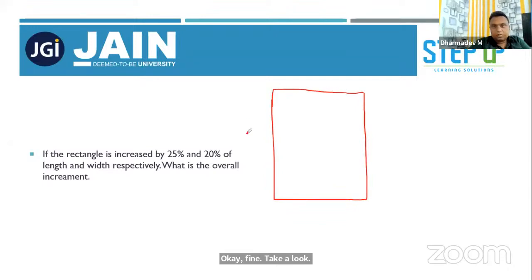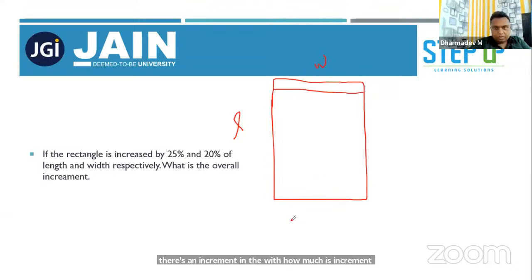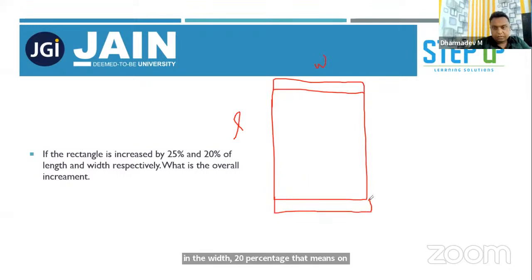This is the rectangle, length and width. Now there is an increment in the width. How much is the increment in the width? 20%. That means on both the sides, 20%, 20%. Did you get it?